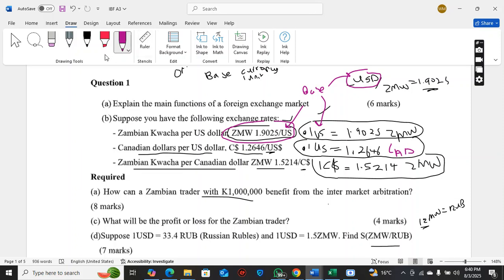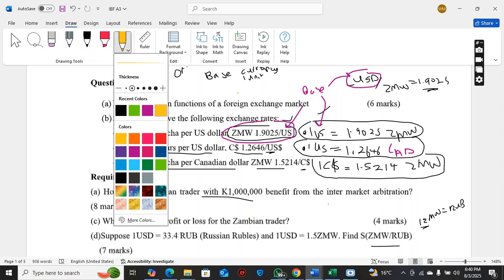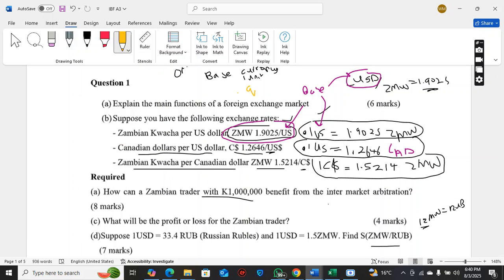Then you have the quote currency. Other books you see as the price currency. This is the currency that you have a number attached to it. So in this notation here, where we say ZMW 1.9025, that is the quote currency.